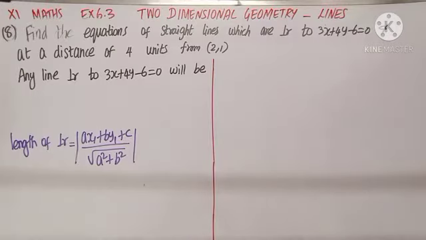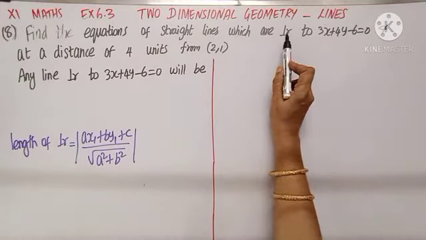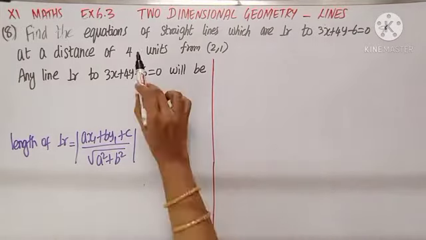Question number 8, similar to problem number 7. Here the idea is perpendicular. Find the equations of straight lines which are perpendicular to 3x + 4y - 6 = 0 and at a distance of 4 units from (2, 1).